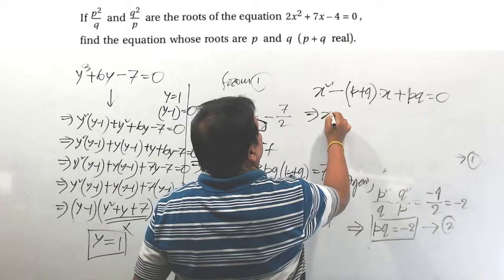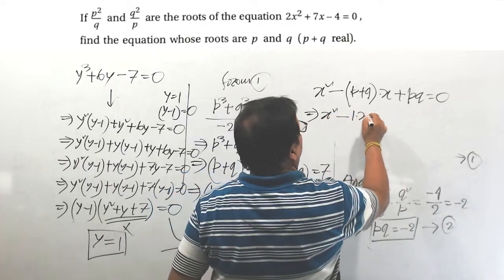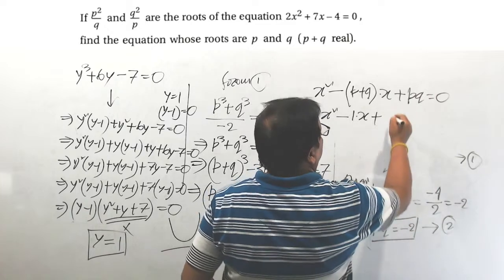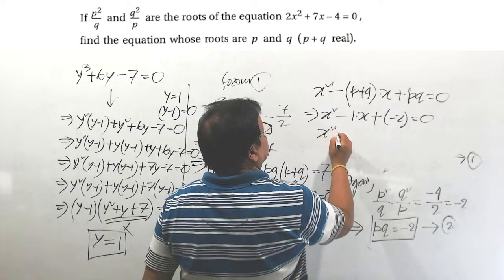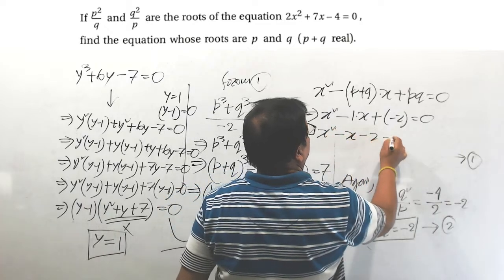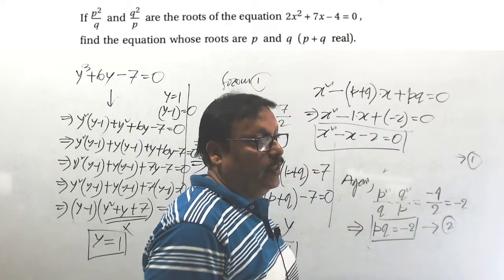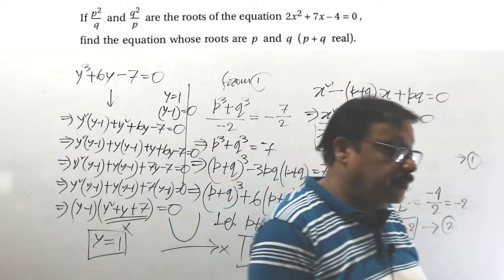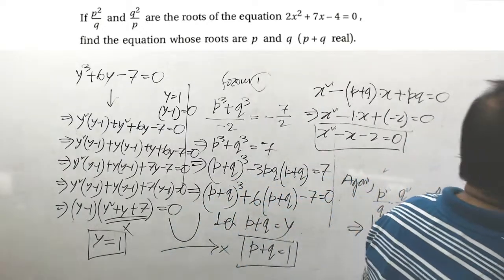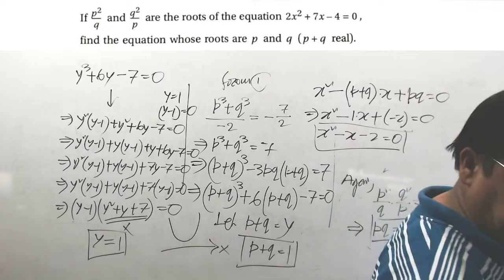This implies x square minus 1 into x, pq is equal to minus 2, equal to 0. That means x square minus x minus 2 equal to 0. This is the required equation. Understood? Very important problem. Give 5 star. What is the next problem?